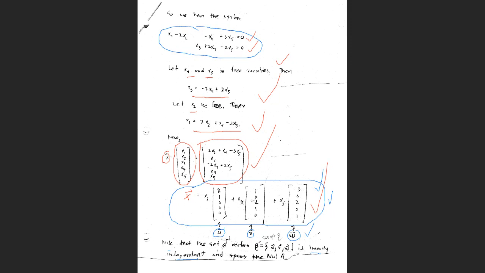And so in this case, the script B stands for basis. The basis is going to be the set of vectors u, v, and w. That's your basis for the null space. So the null space lives in R5, and it's actually what we call a three-dimensional subspace of R5, because you have 3 linearly independent vectors that create the null space.